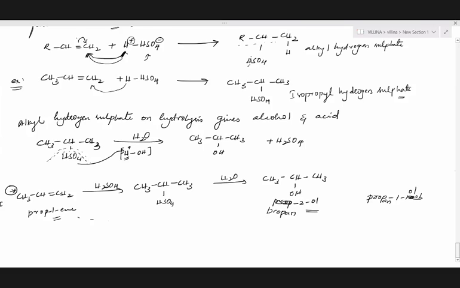What will happen? Sorry, this is CH3. Wherever we had HSO4 minus, that will be removed. How will it be removed? Water will be H and OH minus. The replacement of HSO4 will be done by the OH.